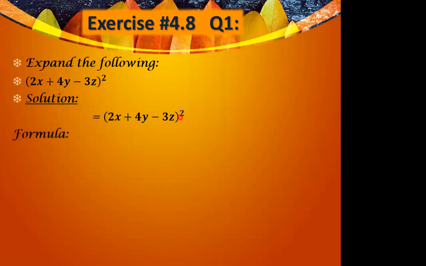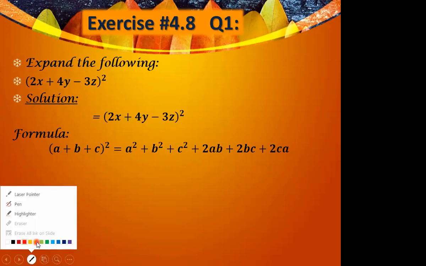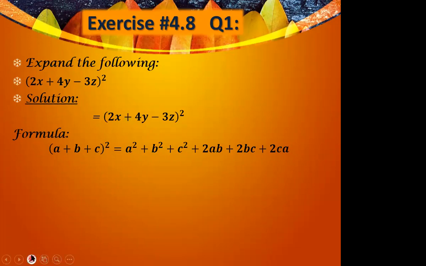But the formula that we are using to expand is this one, which is very familiar, very common to all of you, right? I know it is common and easy for all of you. Now next, you have to decide what your a, b and c are. So term a is this one, which is 2x.